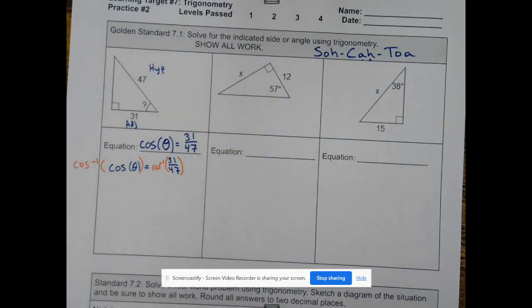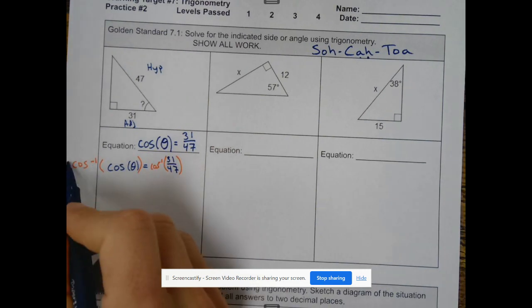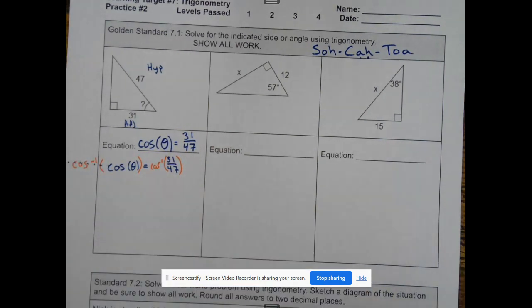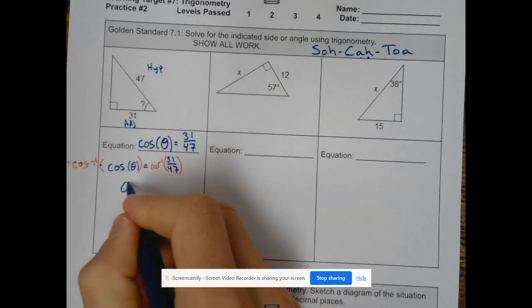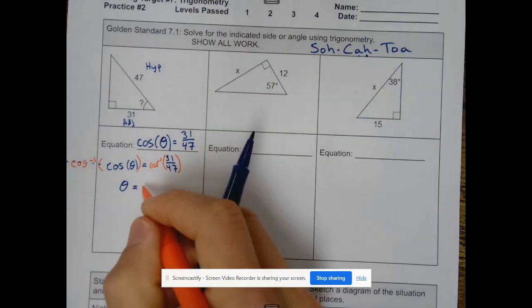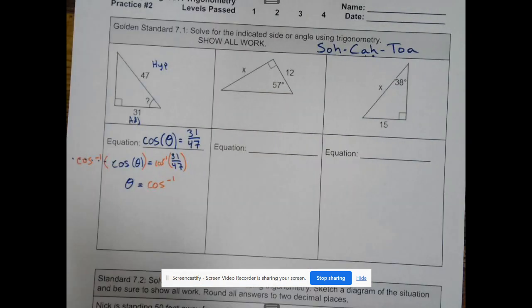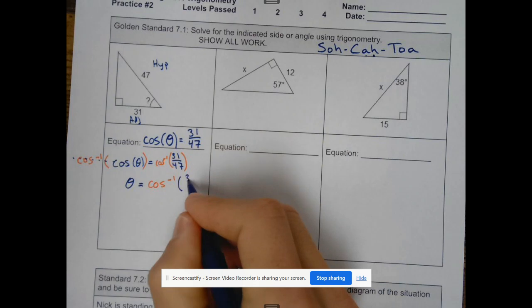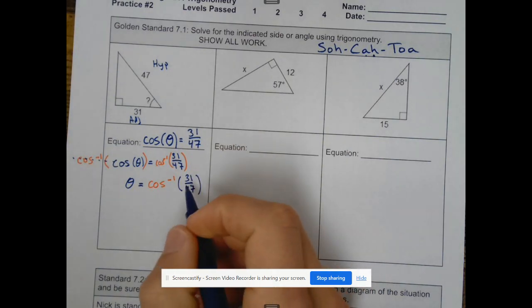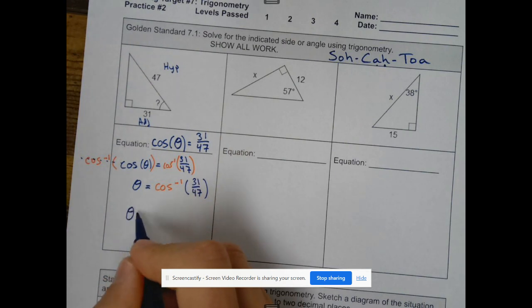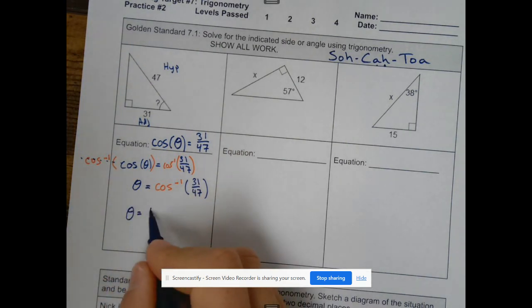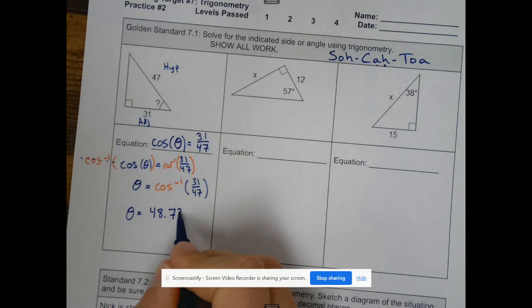When I do that, what happens? Inverse cosine and cosine cancel out, and I get theta equals the inverse cosine of adjacent 31 over hypotenuse 47. When I put that in my calculator, theta equals 48.73 degrees.